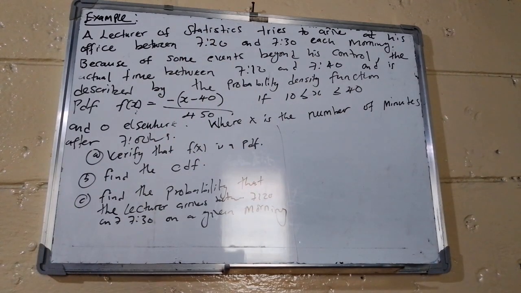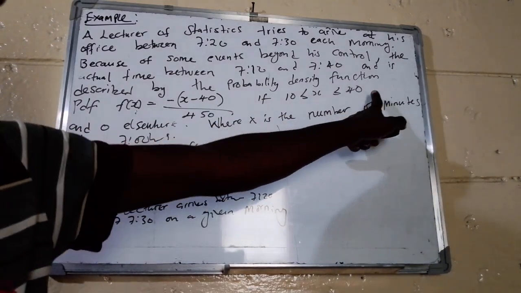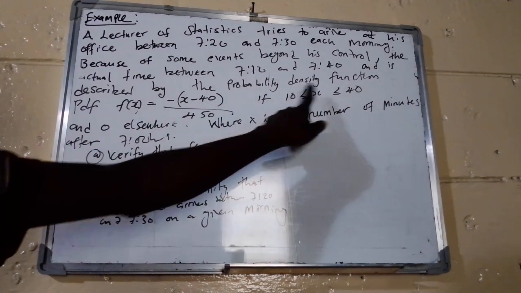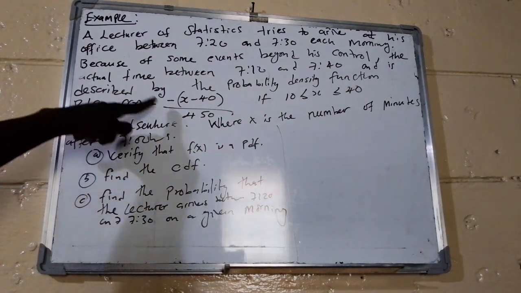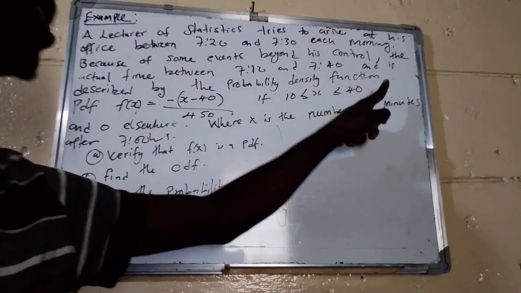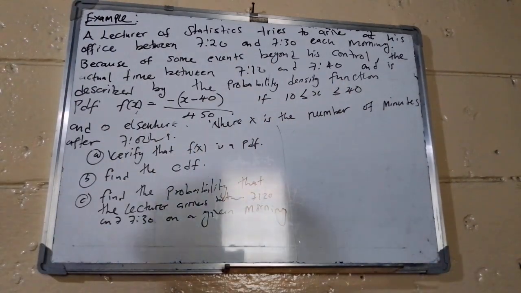The probability is 0 because the interval given is 10 to what? To 40. What is the probability of this person arriving at 7 hours sharp? The probability is 0 because the interval is 10 to what? To 40. That is why there is an emphasis here to say the PDF is this if 10 is less than x and x is less than 40, and it is 0 elsewhere. So how do I write this information?